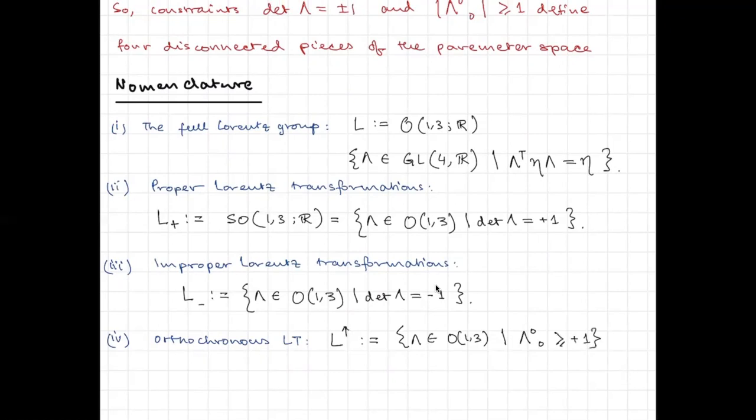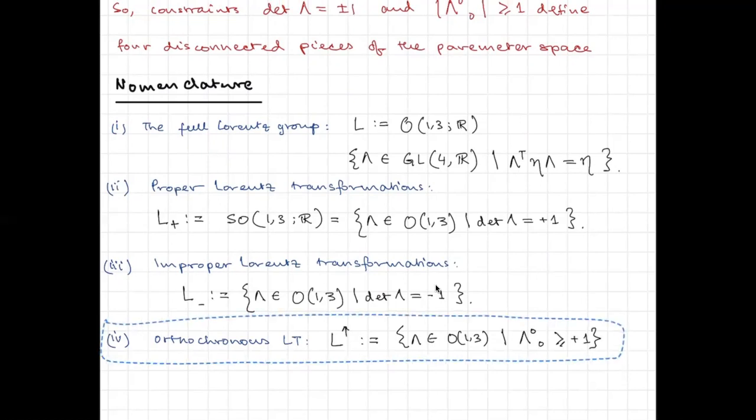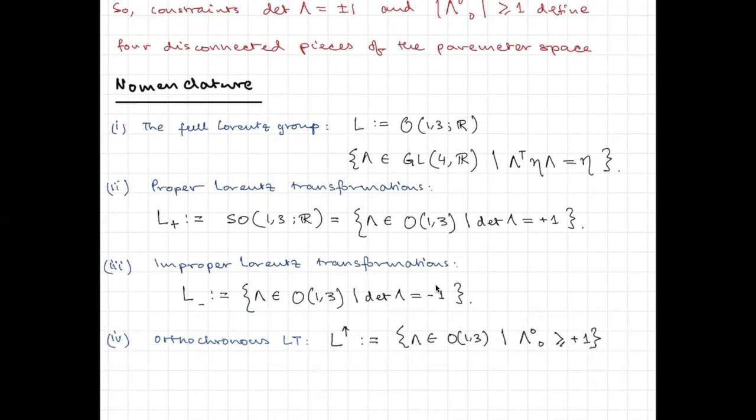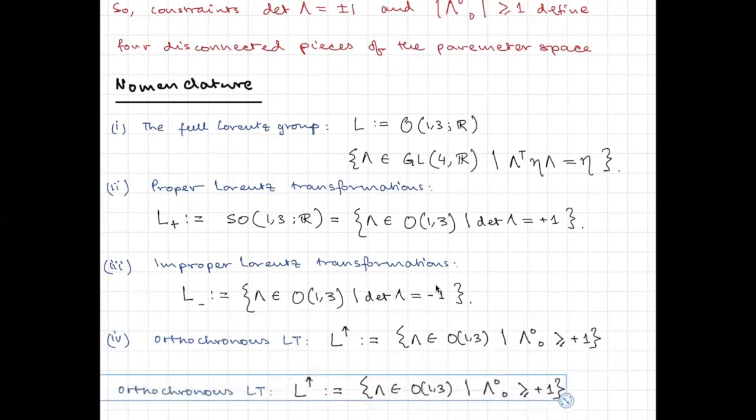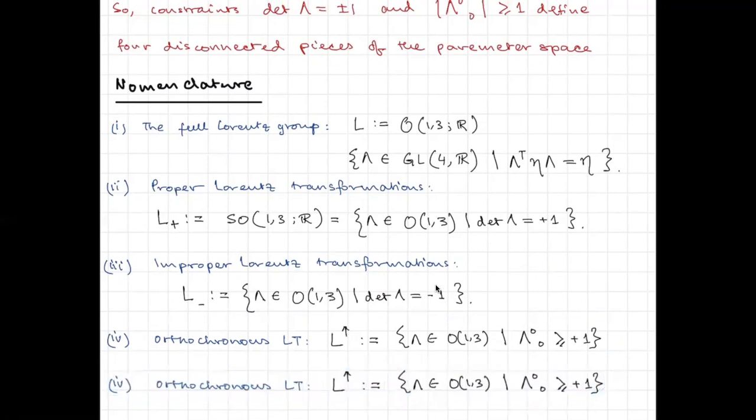And of course, as you can well understand, there is going to be something which is called the non-orthochronous, which is L with a downward arrow now.